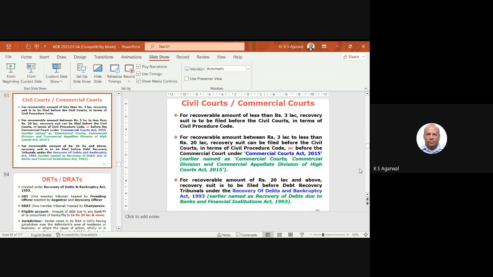So whenever a recoverable amount is between 3 lakh to less than 20 lakh, recovery suit can be filed before the civil court in terms of CPC or before the commercial court under Commercial Courts Act 2015. But for 20 lakh and above, I have to file in DRT.